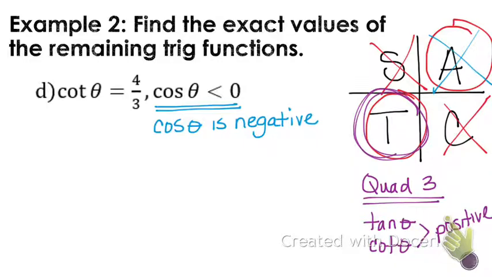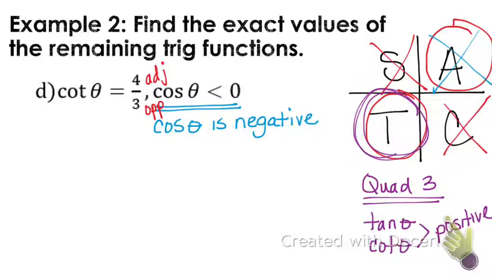So we need to find the third side. Cotangent is adjacent over opposite, the opposite of tangent, which is opposite over adjacent. So we need to find which side we are missing. The hypotenuse.